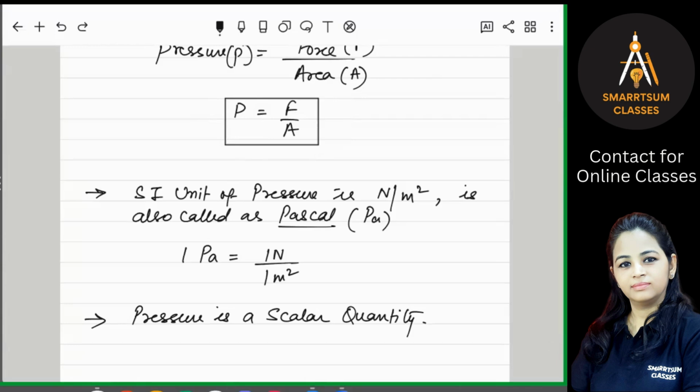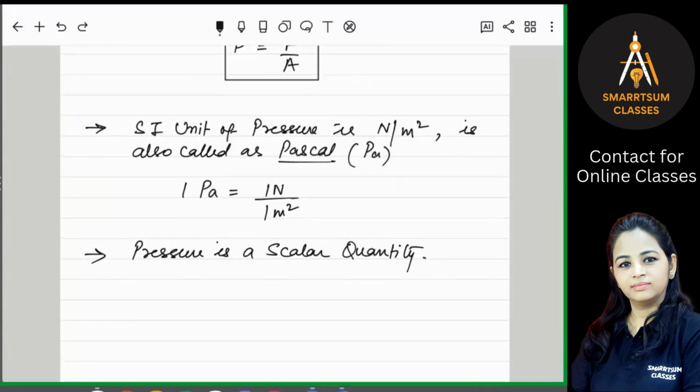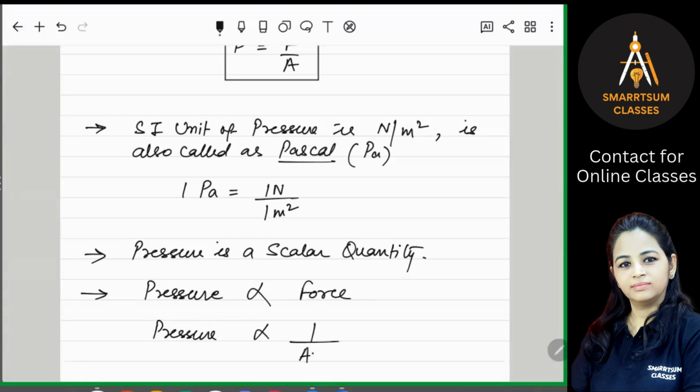So if force is acting on a smaller area, it exerts a large pressure, while the same force acting on a larger area exerts smaller pressure, right? So write down, pressure is proportional to force, but pressure is inversely proportional to area.